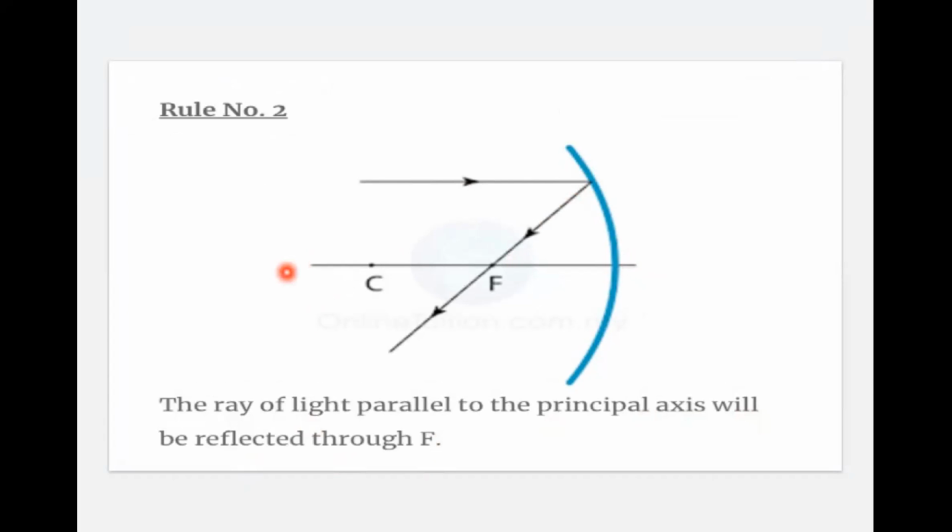The line which is passing through the center of curvature C and the pole P. And if the ray of light is incident parallel to the principal axis, the ray of light after reflection will always pass through the focus of the mirror. The incident light comes and gets reflected passing through the focus. So this is going to be our rule number 2.